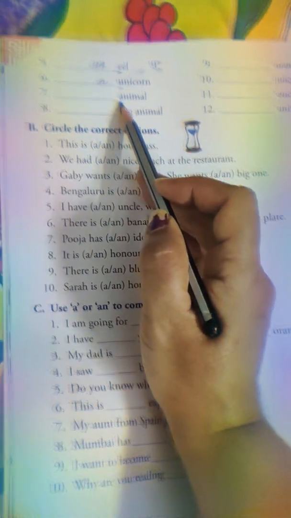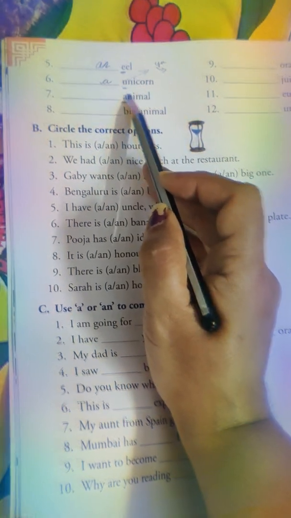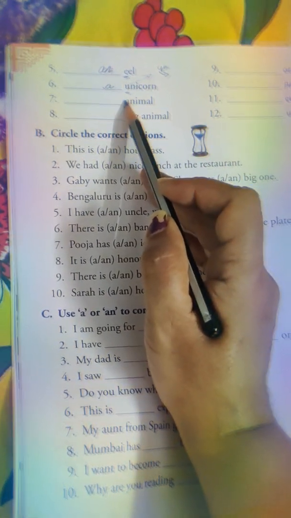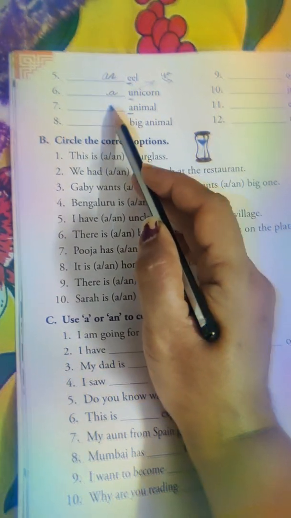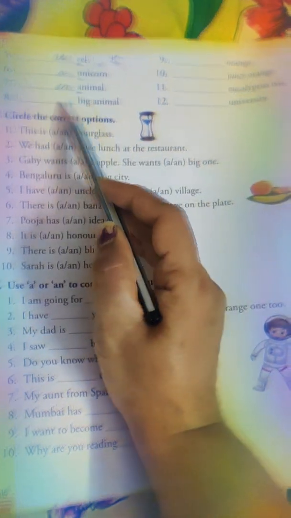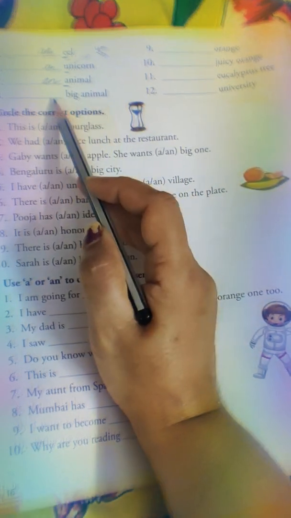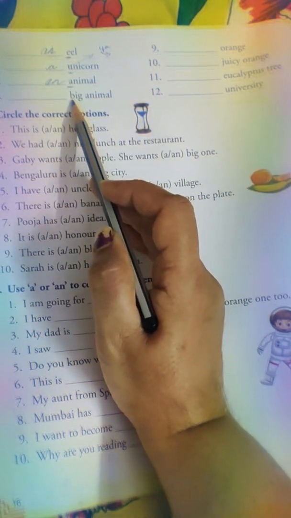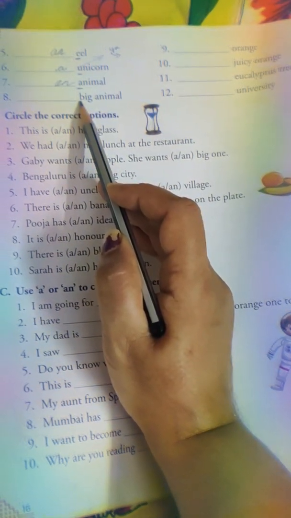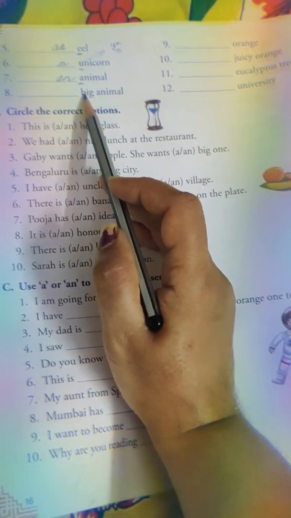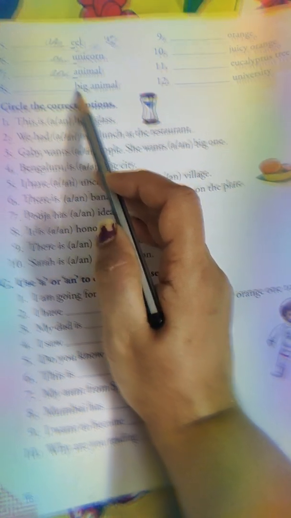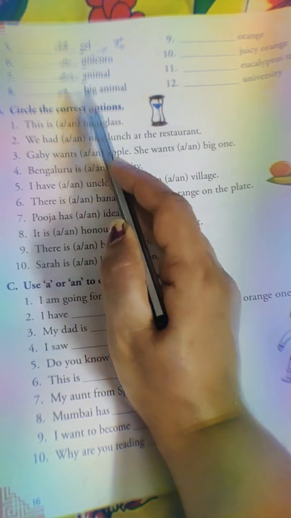Animal. It starts with a vowel, and the sound of the vowel is also A. And it's a vowel sound. So we say an animal. What's the next one? Big animal. B is a consonant, and the sound is a consonant sound. So we say a big animal.